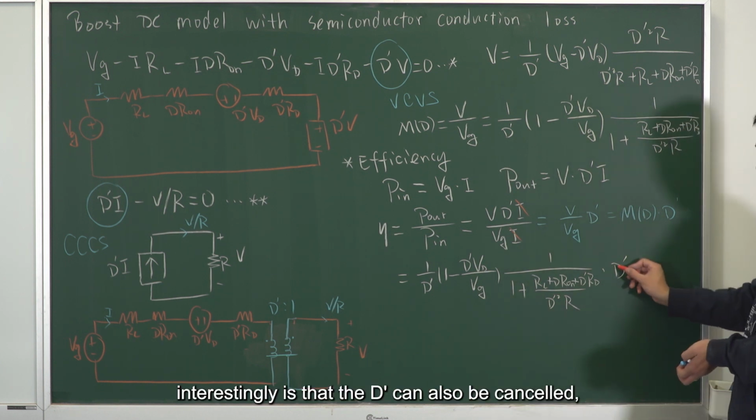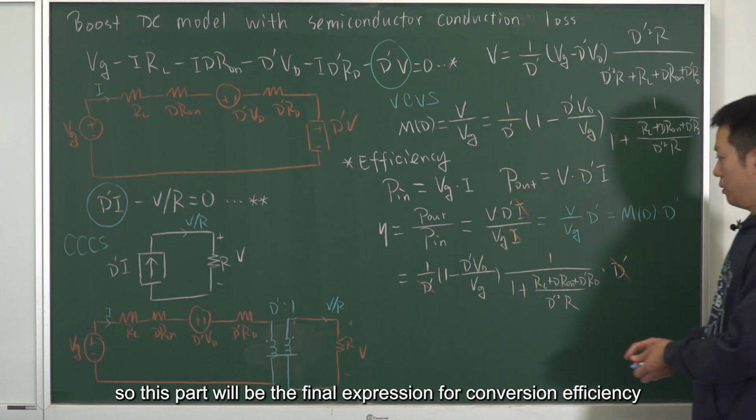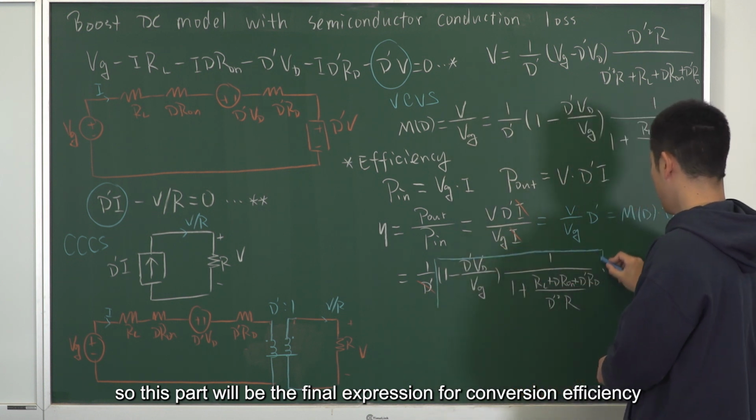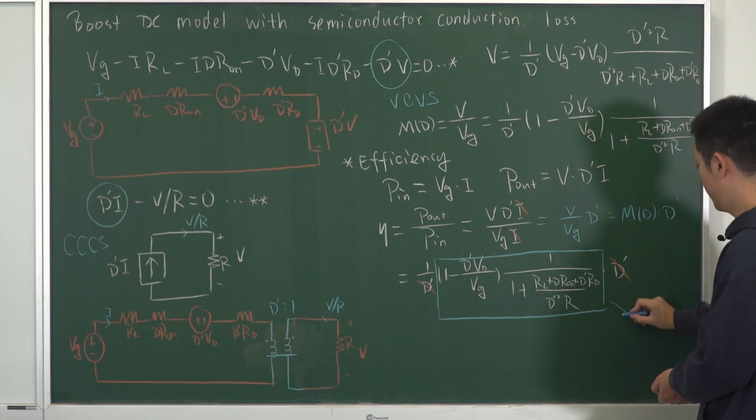Interestingly, the D prime can also be cancelled. So this part will be the final expression for conversion efficiency.